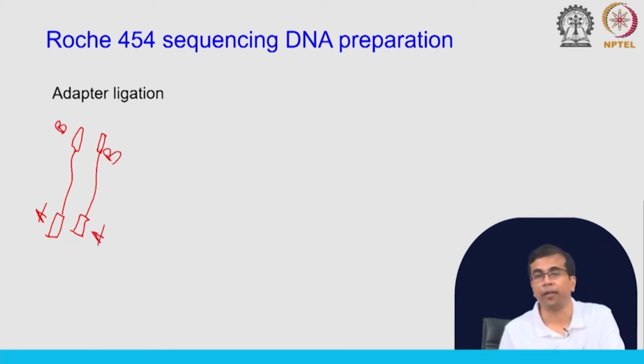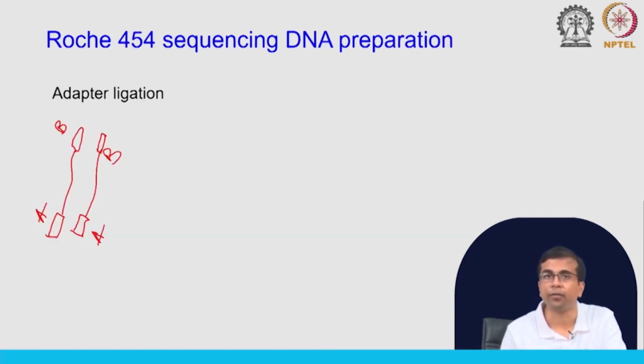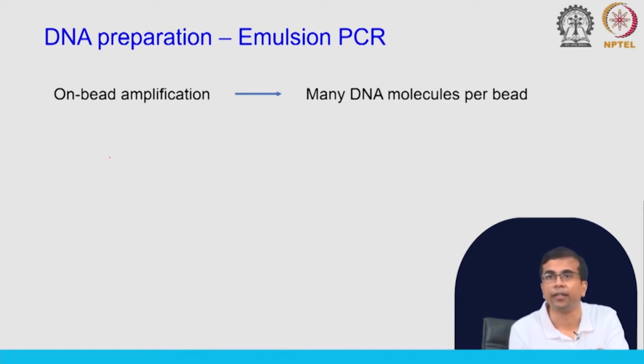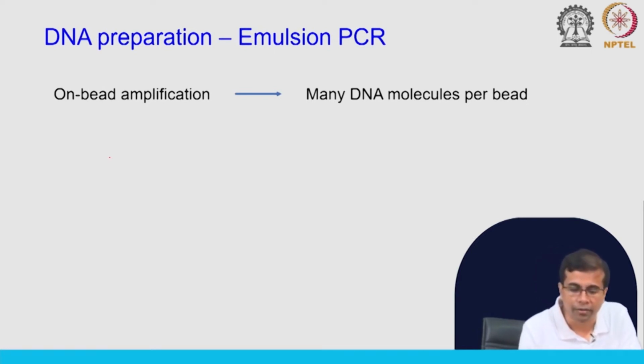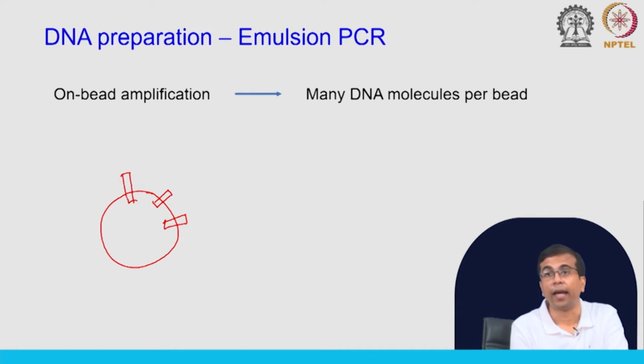So, for DNA we have these adapters ligated, and once we have these adapters, what we do in 454 sequencing is something called on-bead amplification. These are small beads on which we already have some DNA sequences, like probes, and these are complementary to the adapter sequences.